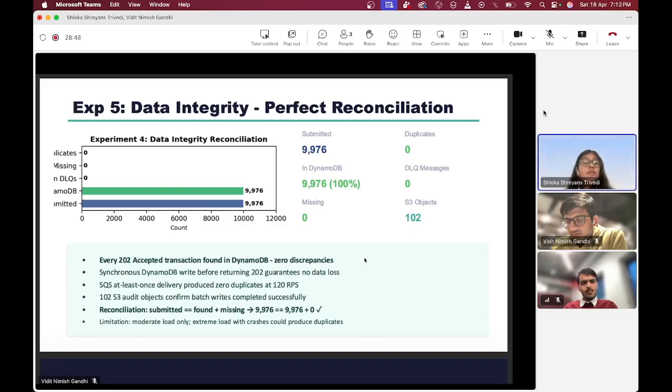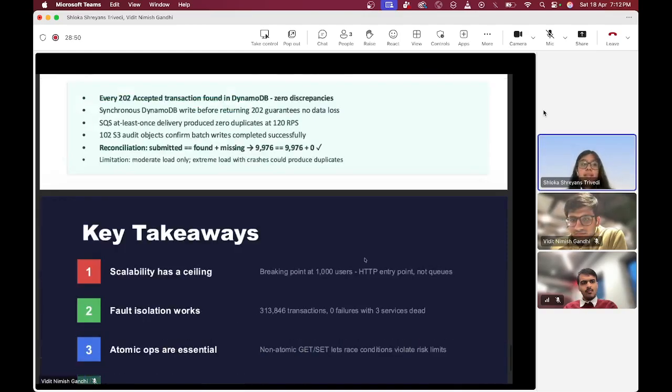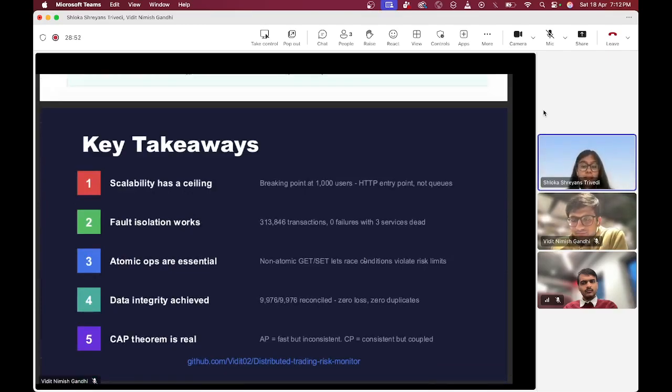To summarize, across all 5 experiments, scalability has a measurable ceiling at the HTTP entry point, not the queue infrastructure. Fault isolation works with zero trader impact, even with 3 services dead. Atomic operations are essential, since non-atomic access lets race conditions violate safety limits.